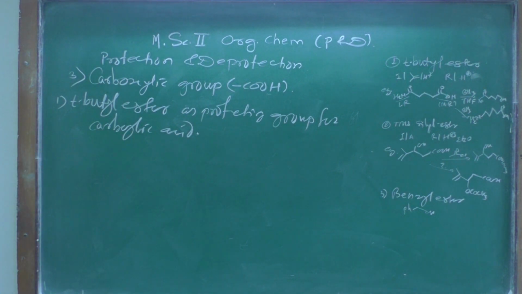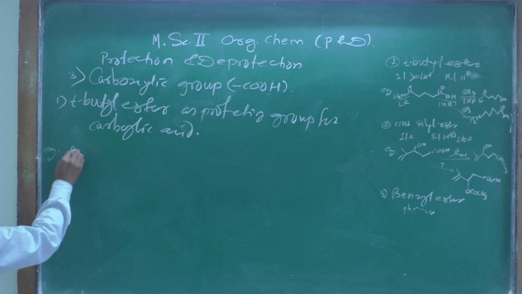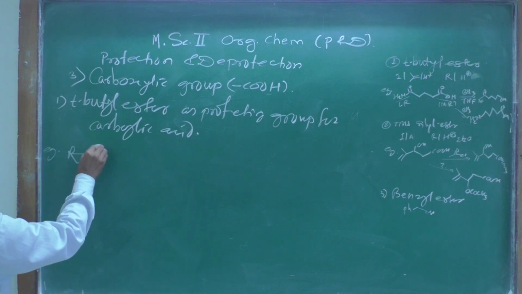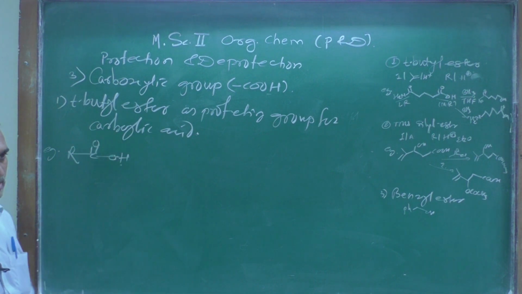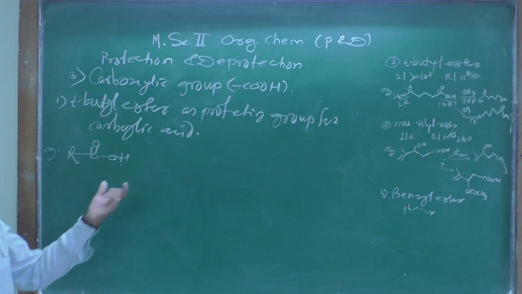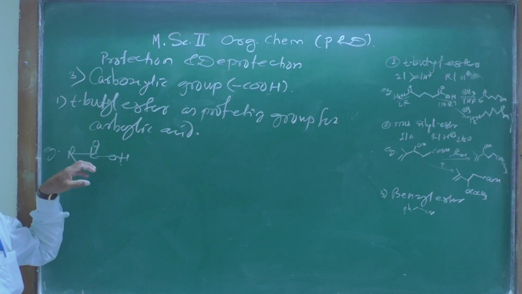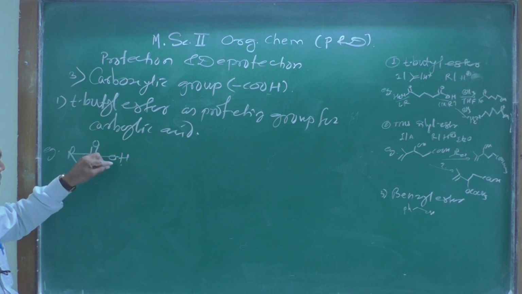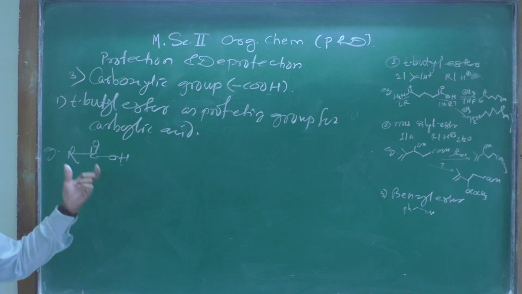As we know, for example, suppose we have a starting compound RC double bond O, OH. Here this hydrogen atom is highly acidic in nature, therefore it makes a problem for chemoselectivity, interfering with the reaction.